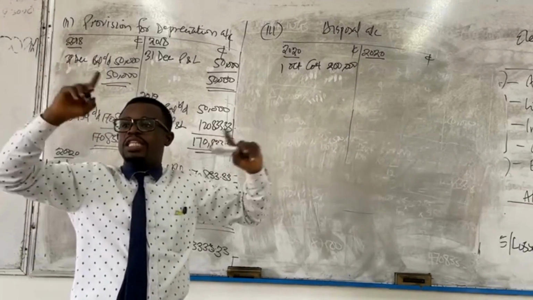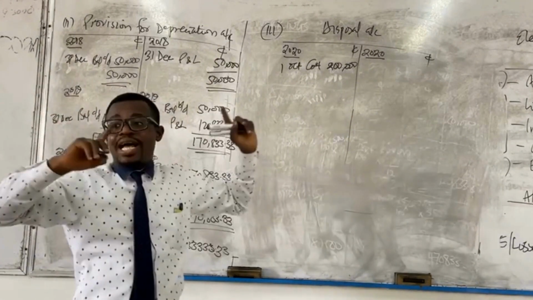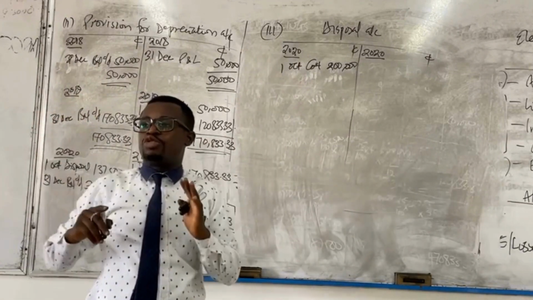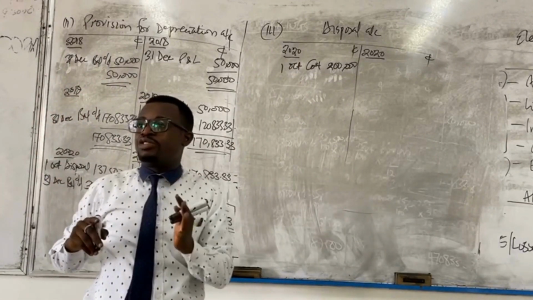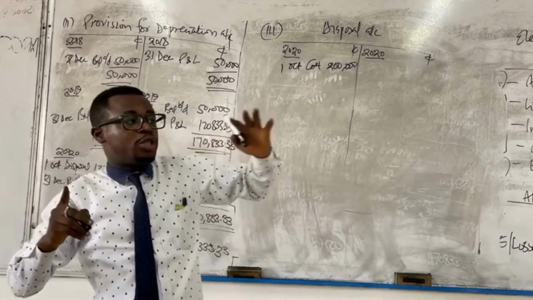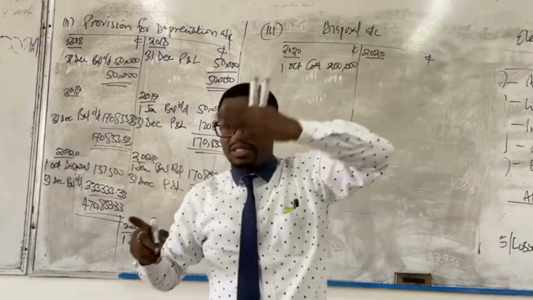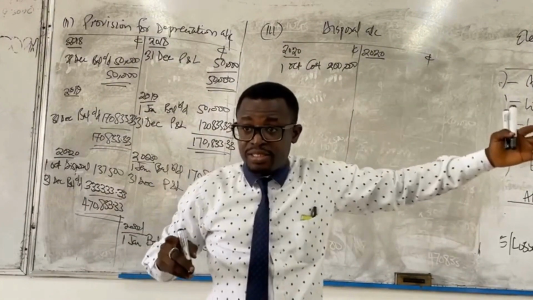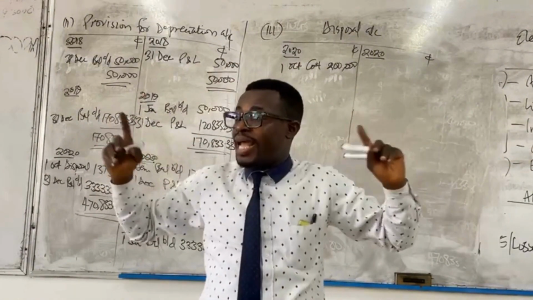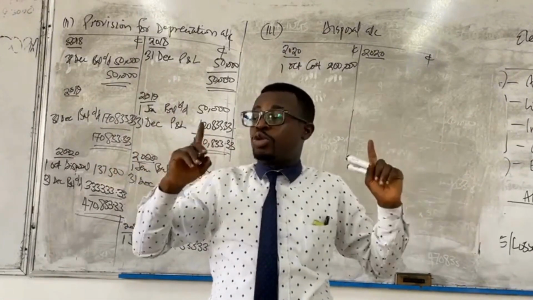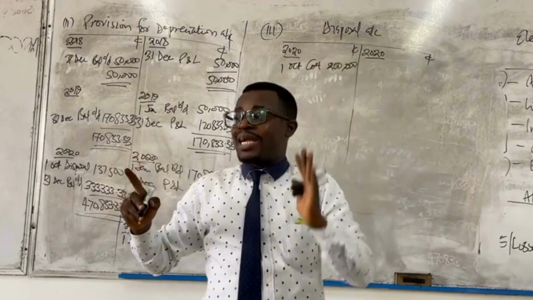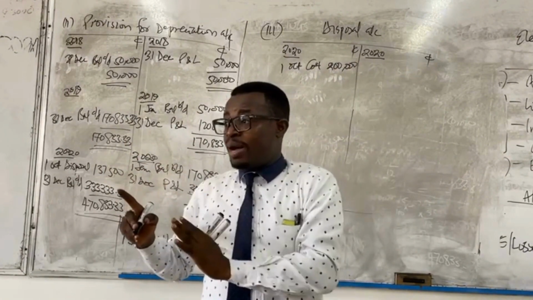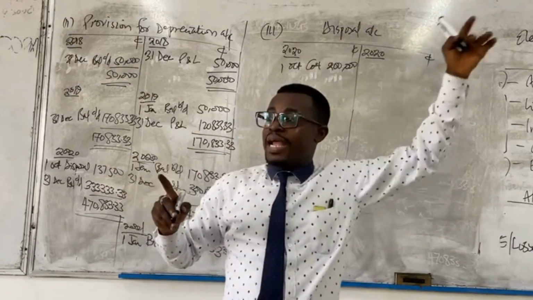So in the cash account, which side will receive the entry? Debit. Because when they sold it for cash, the cash will come in, right? And the disposal account, it will be what? Credit. So the cash account will have a debit entry of the amount, and the disposal account will have a credit entry of that amount.